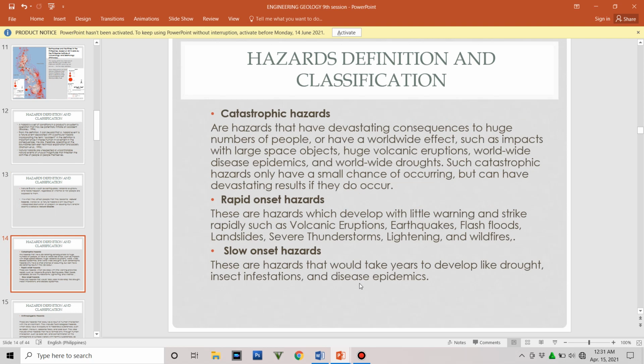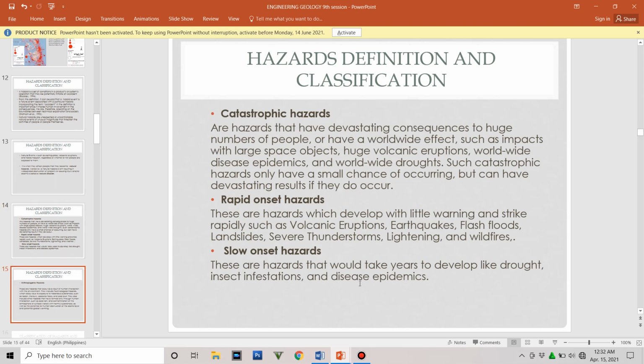And then we also have flash floods, landslides, severe thunderstorms, lightning, and wildfires. So hazards could also be classified as slow onset, wherein these are hazards that would take years to develop, like drought, insect infestations, and disease epidemics.